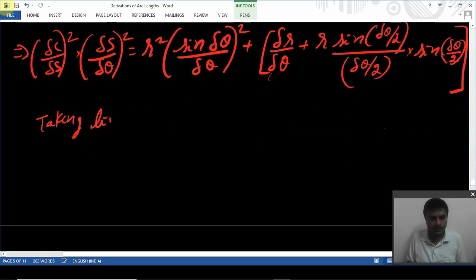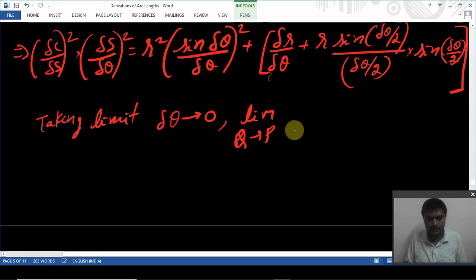Okay, so now just take the next step, taking limit on both the sides, delta theta tending to 0. In fact, you remember that limit as q tending to p, delta c divided by delta s is 1. We have already obtained this. So therefore after simplification, please remember, wherever sine delta theta divided by delta theta is there, limit is going to become 1.